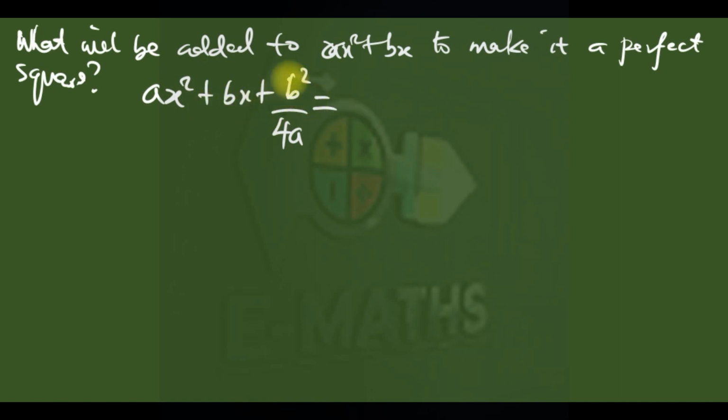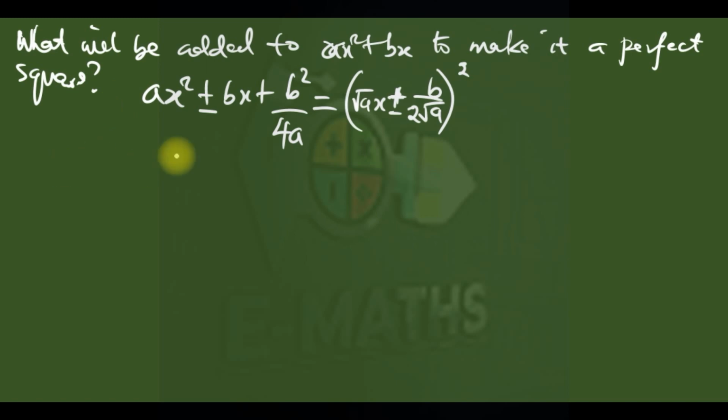That is, if you add this, we now have something squared. The square root of this is root a x, while the square root of this is b over 2 root a.